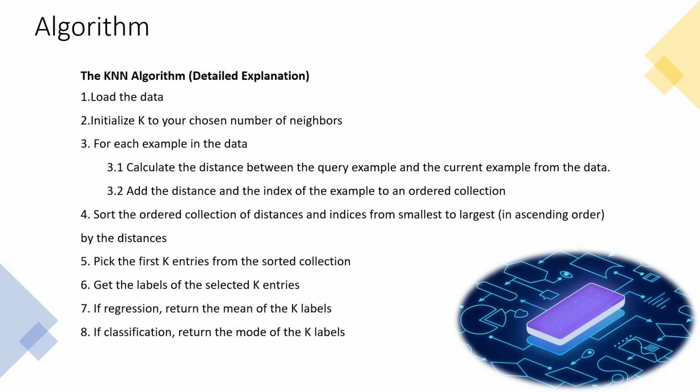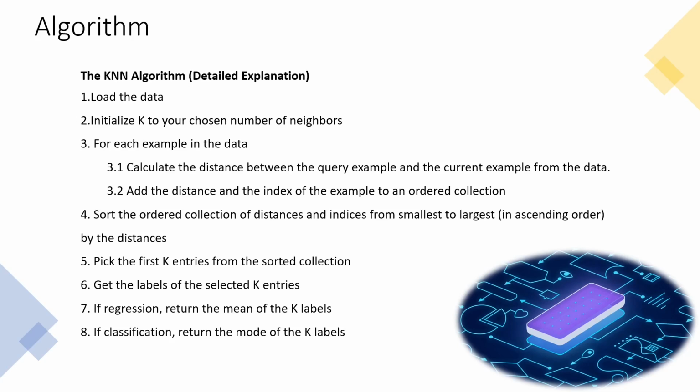And in detail, if we check the algorithm, we first load the data, definitely. We initialize k to our chosen number of neighbors, and what we have seen is depending on the k value, the decision may change. For each example in the data, we calculate the distance between the query example and the current example from the data.